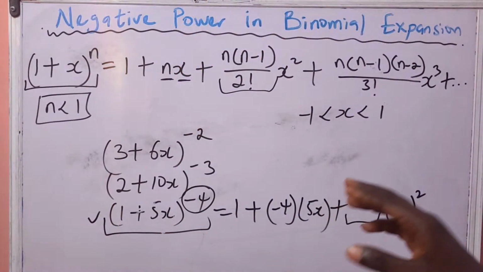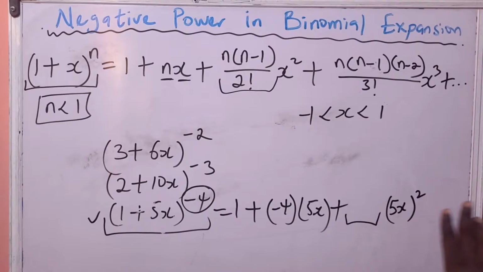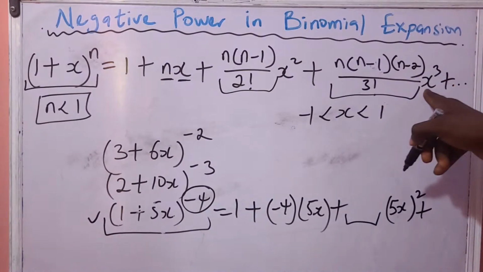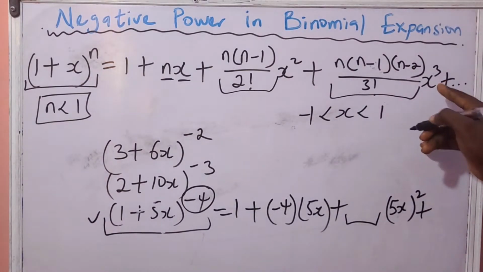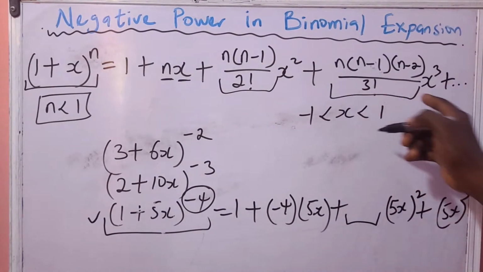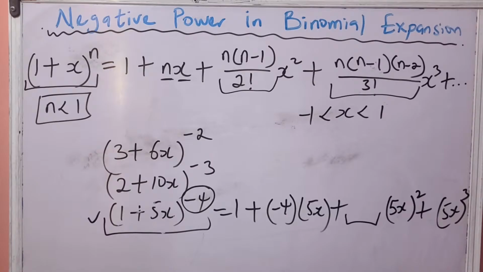If it was 3x, if it was minus 5x, you use it just that way. So if I ignore this aspect and want to do the 5x cube, I'll have 5x everything raised to power 3 for this fourth term. All right, that is the way you solve this value of x in the expansion.